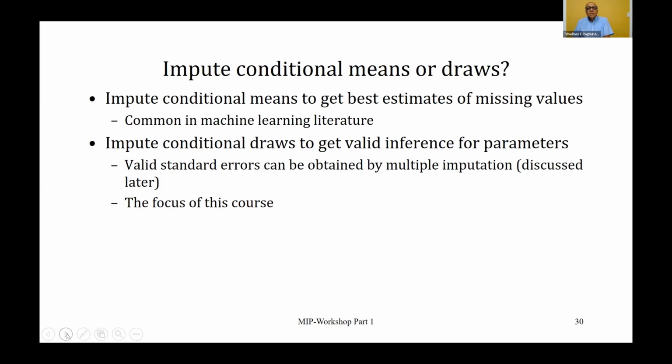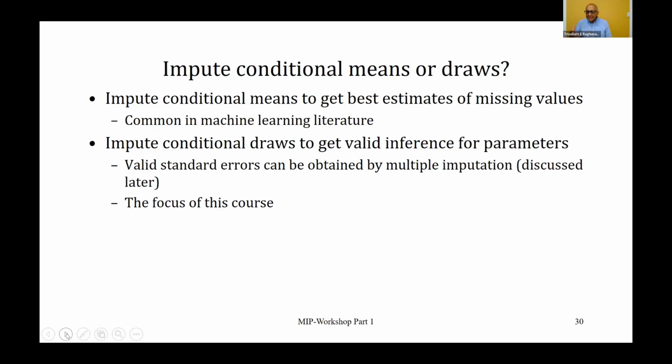Whether you impute conditional means or draws: nowadays in the machine learning literature, a lot of imputations are done by imputing conditional means to get the best estimate of the missing values. This is very common. But if you want valid inferences, not just estimates, then you're better off imputing conditional draws.